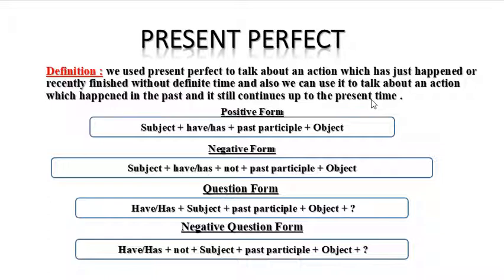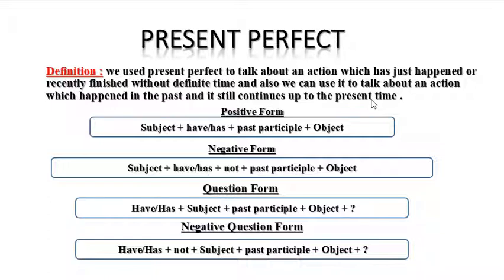This means that the action happened in 2018, I have become a teacher since 2018. It happened in 2018 and it still continues up to now that I am working as a teacher. I do not change my position. So it is present perfect.